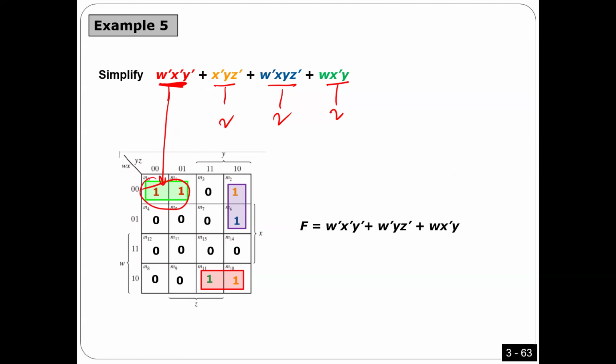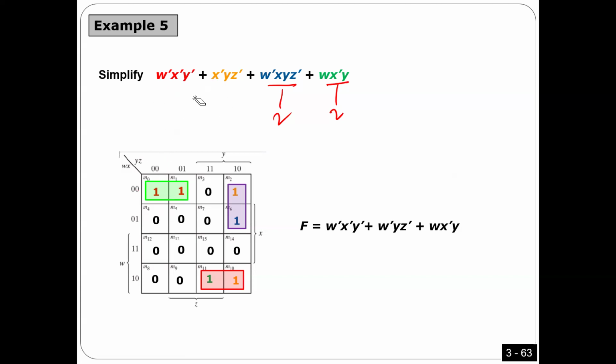Make sense? Guys, I want to protect you from making mistakes. As long as this term has 3 variables, the intersection has to be 2 squares. When you do it and find 4 squares, something is wrong. If you find 1 square, something is wrong. It has to be 2 squares. Same thing for this one as well.